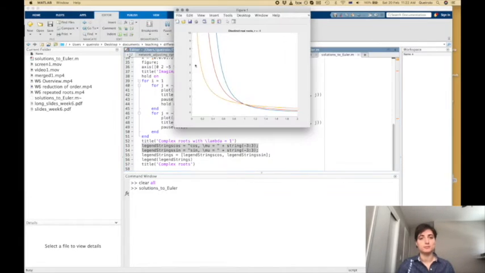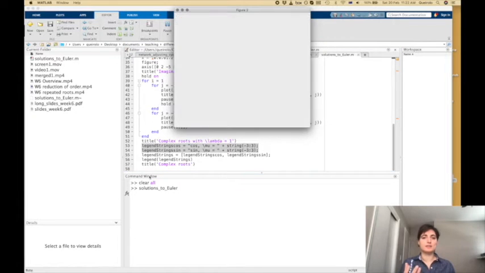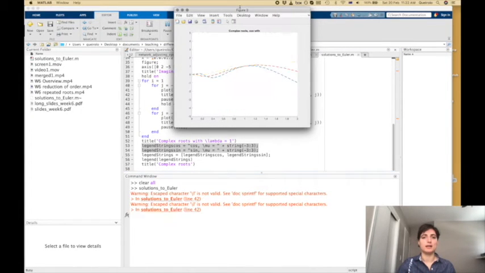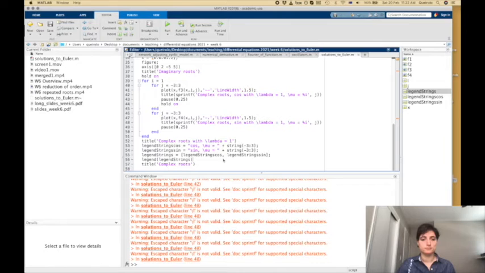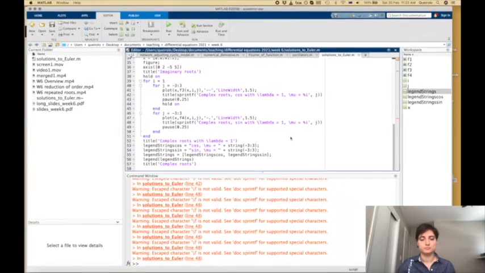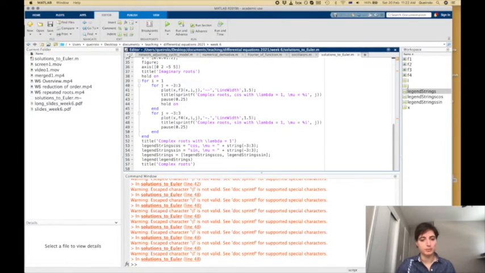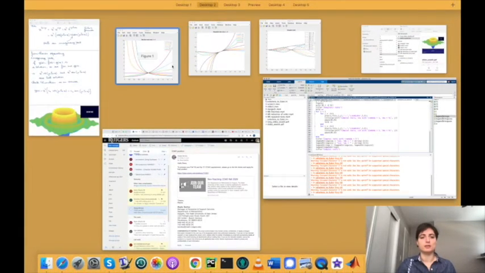So first the case of distinct roots, then the case of repeated roots. There is a warning that pops up and I don't understand why, but I'm not going to look at it.